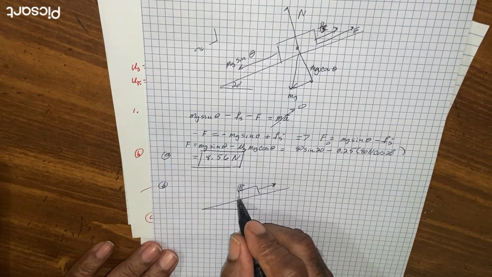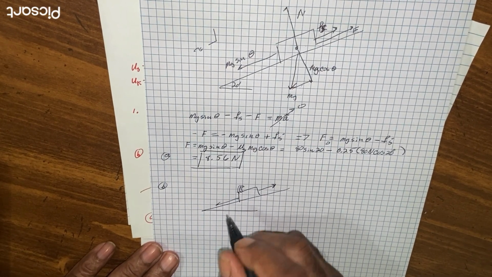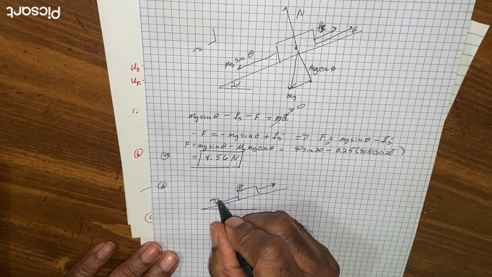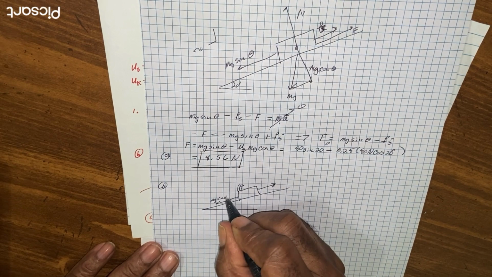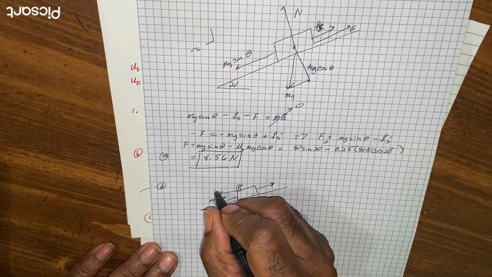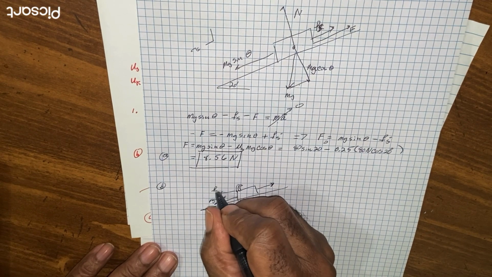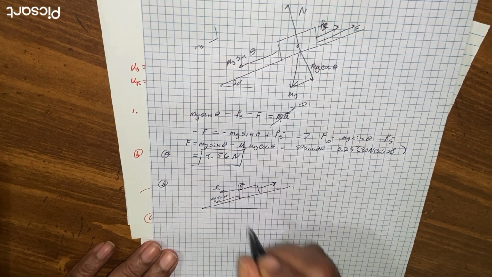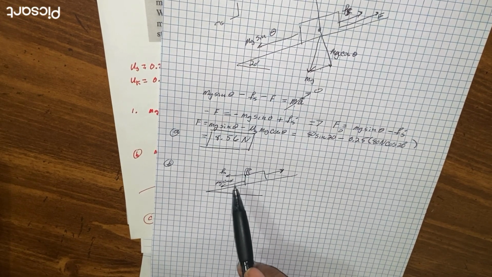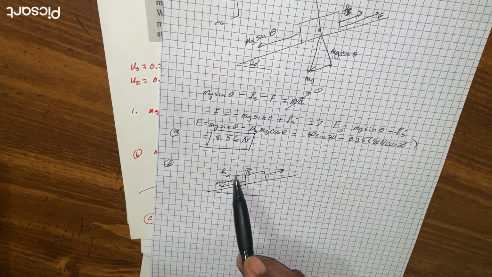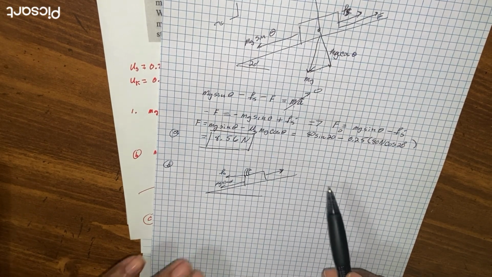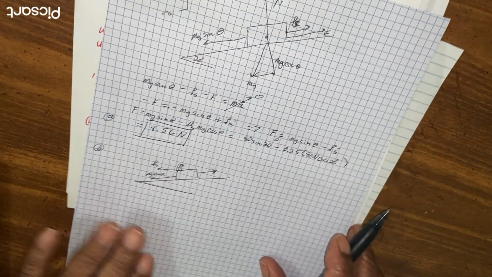Well, we'll have mg sine theta, and also in this box we'll have Fs, the static friction. So if we add these two forces, that'll give us the minimum force required to move the box up the plane.